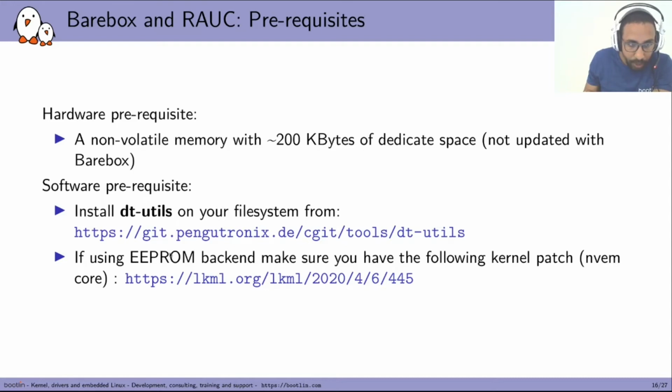In my case, it was an EEPROM memory, and on this EEPROM, I made sure that there is at least 200 kilobytes of space that will not be updated or touched by the application or anything else, because this is the location that will be used later by the Barebox state framework to store the variables needed for the RAUC management.